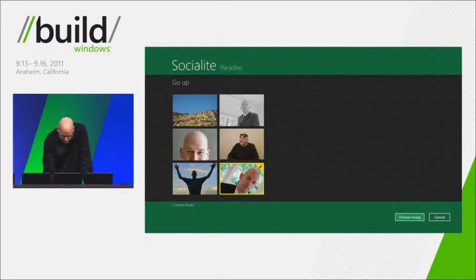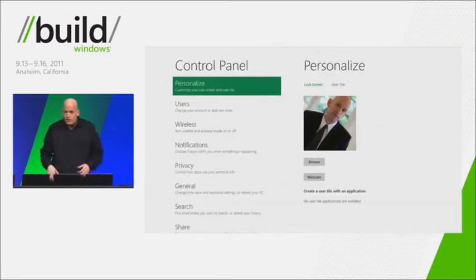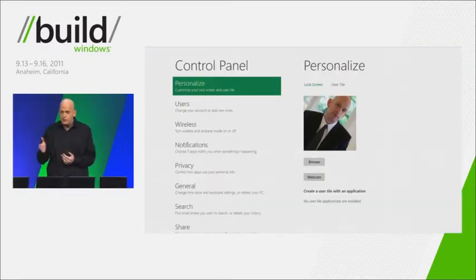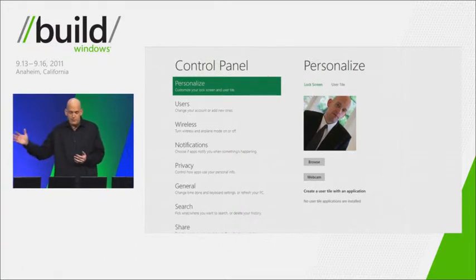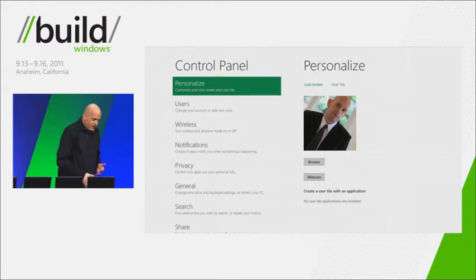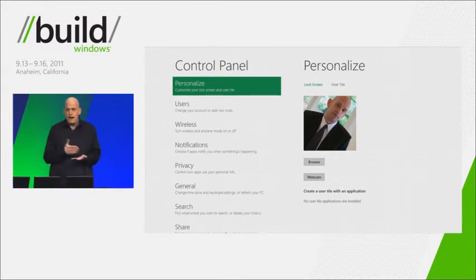I'm going to choose that. And I haven't done the interim step of taking my picture from Facebook or from Socialite, taking it to my hard drive, saving it, and then bringing it into the other app. I've just gone from app to app together.